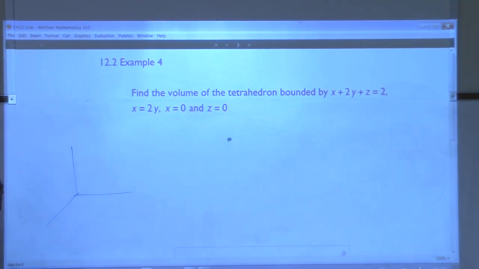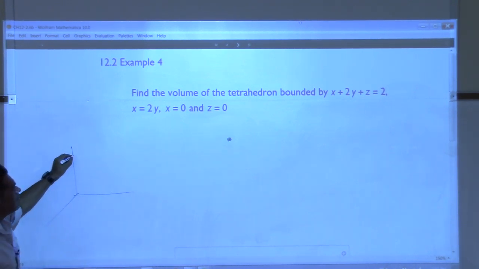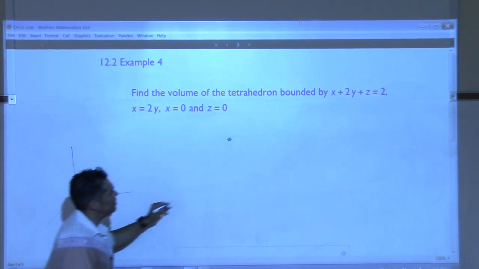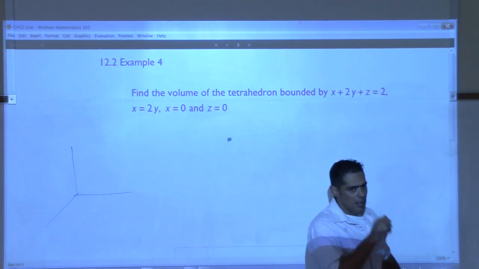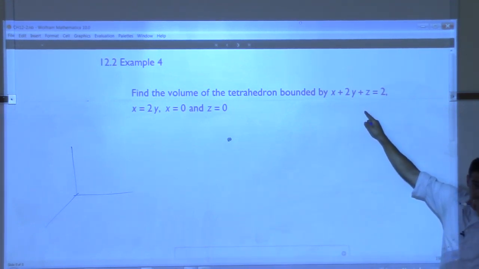Okay, let's go with the plane up there. Where does that touch the axes? So where does this plane touch the x-axis? Well, when you're on the x-axis, y and z are 0, right?